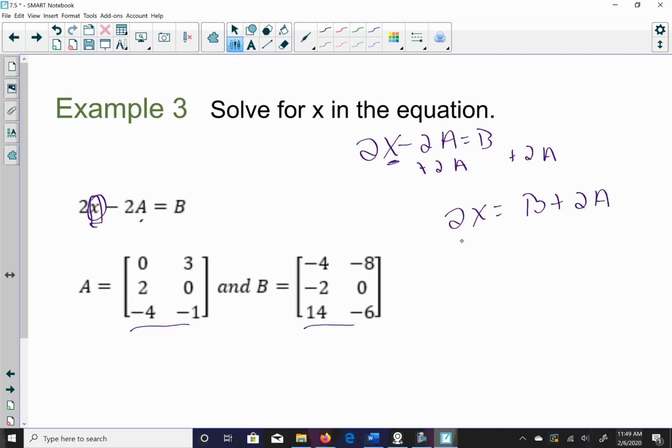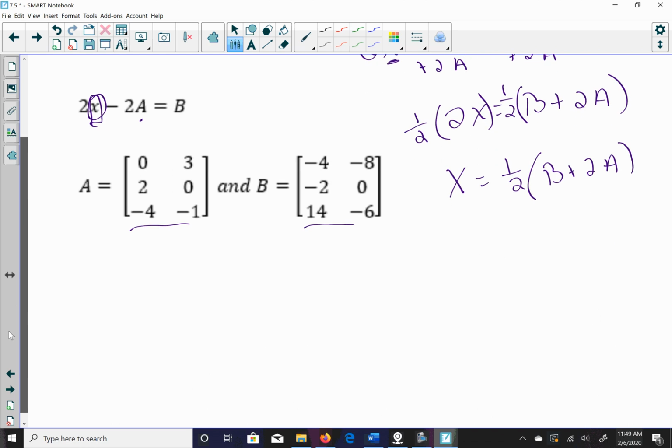Then in order to solve this, I would divide by 2. But in matrix world, we don't really divide, we multiply. So instead of dividing by 2, I'm going to multiply by 1/2. I'm going to take this whole thing and multiply by 1/2. So matrix X is going to equal 1/2 times the matrix B plus 2 times the matrix A. Let me write that with my matrices in place.